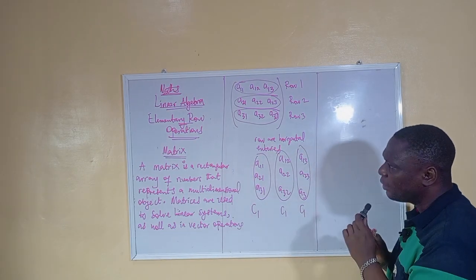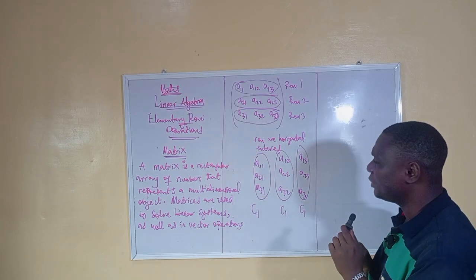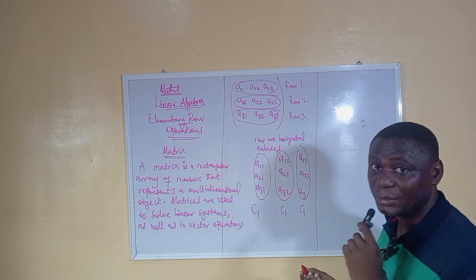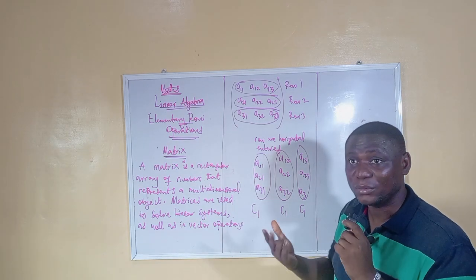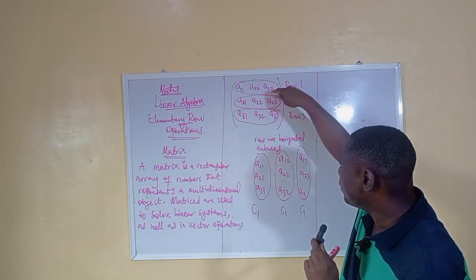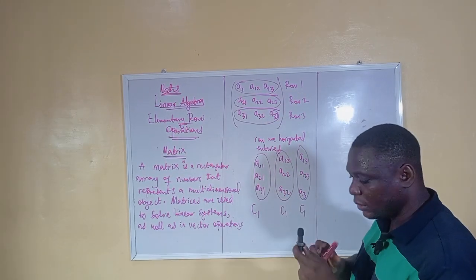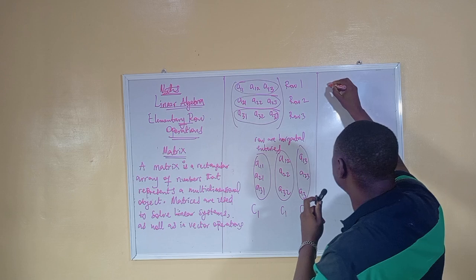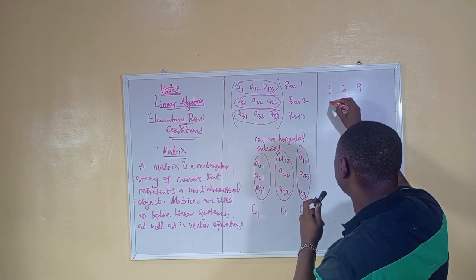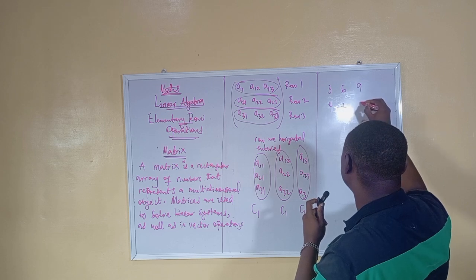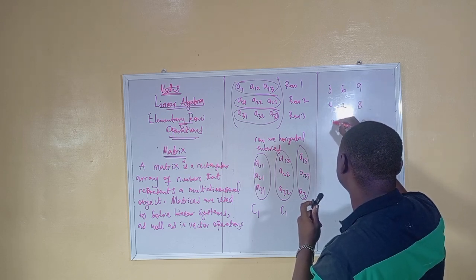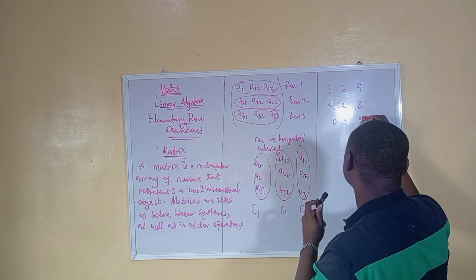Okay, so what is an elementary row operation? For instance, let's say we have a 3 by 3 matrix. When I say 3 by 3 matrix, I mean a matrix with three rows and also three columns. Let's say we have 3, 6, 9 for row 1, maybe for row 2 we have 4, 2, and 8, and for row 3 we have 10, 5, and 20.